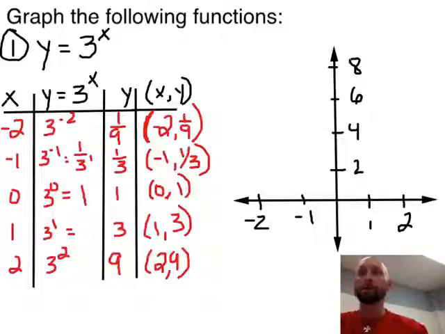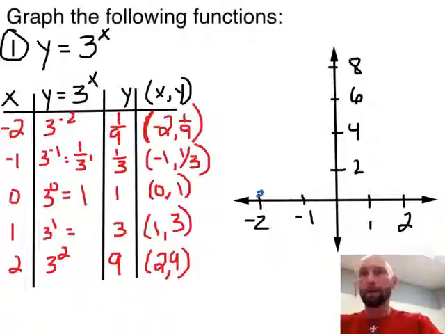So if we start graphing those, when we have -2 and 1/9, we're going to put a point somewhere down there at the bottom, -1 and 1/3, again down towards the bottom. 0, 1, try and get that about halfway.